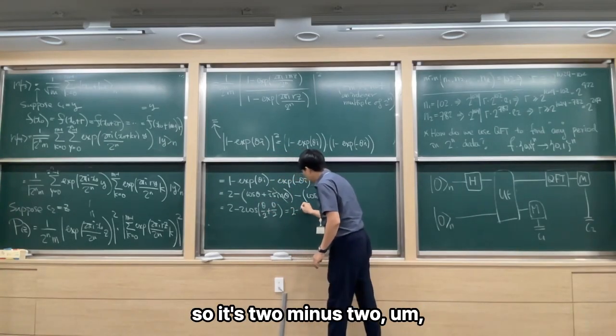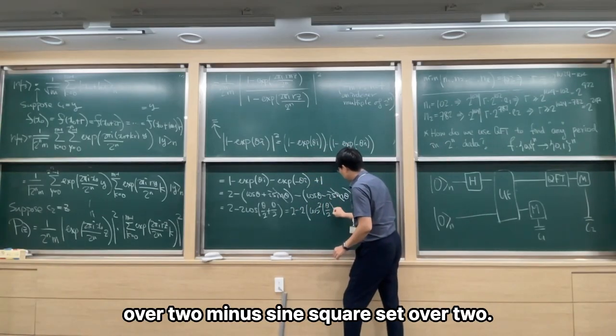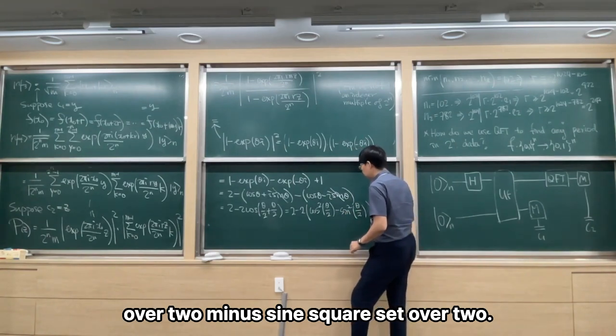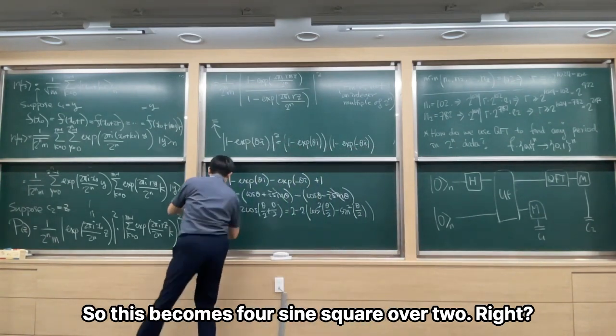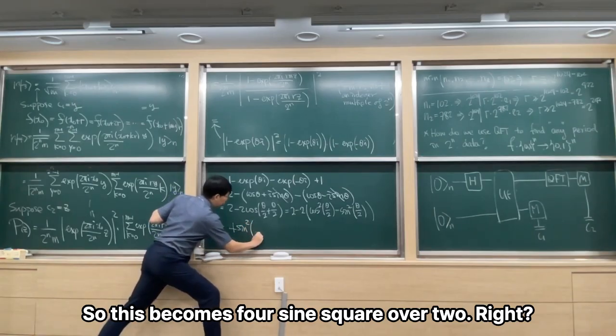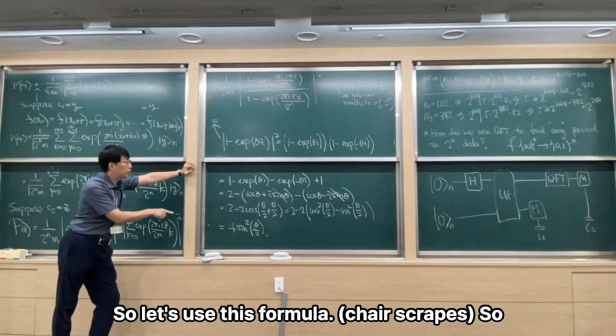So it's 2 minus 2 times cosine square theta over 2 minus sine square theta over 2. So this becomes 4 sine square theta over 2, right? So let's use this formula.